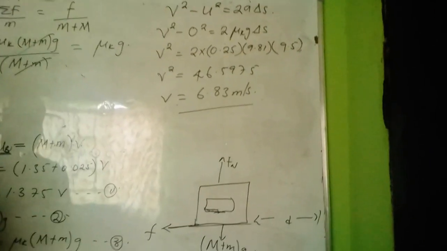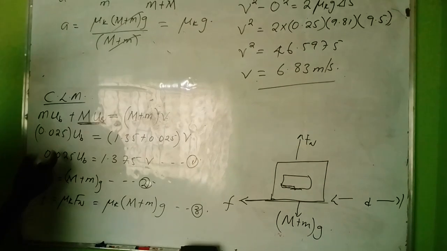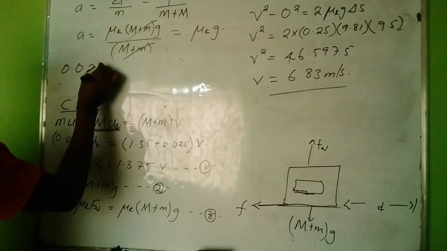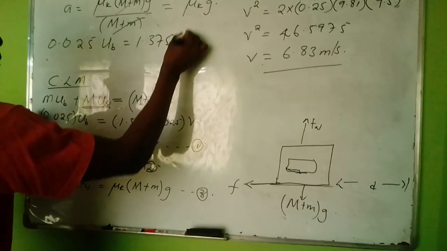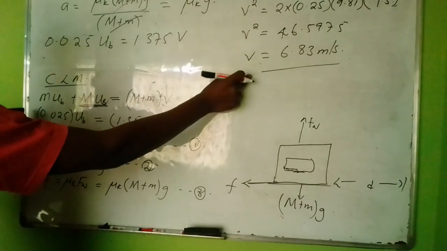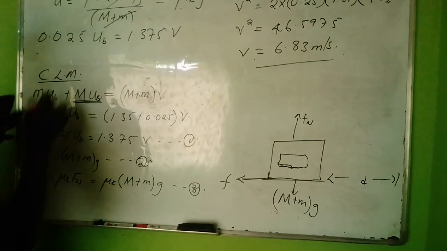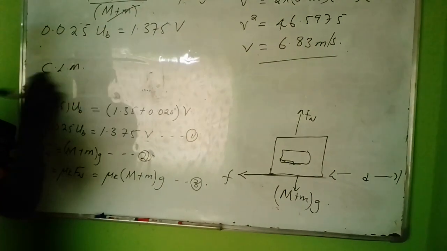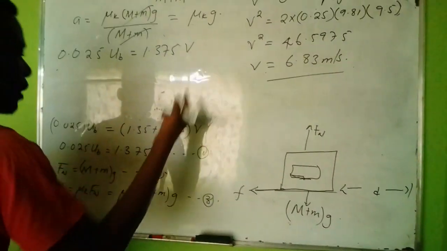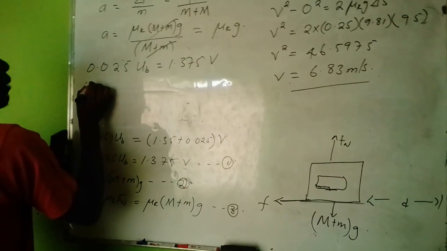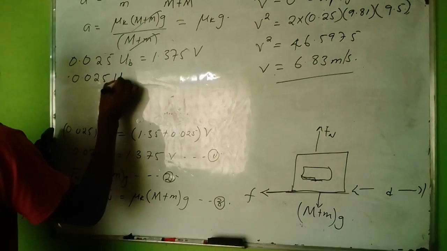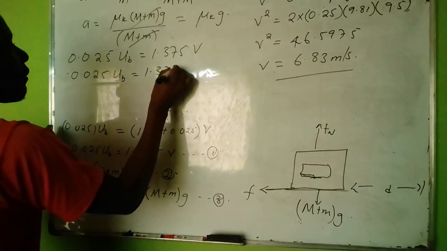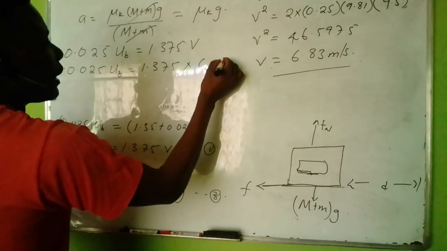So now we put this into the first equation. The first equation is like this: 0.025 u_b equals 1.375 V. This is the V that we were finding. So we want to find now the initial speed of the bullet before it struck the block. So we have 0.025 u_b equal to 1.375 times 6.83.